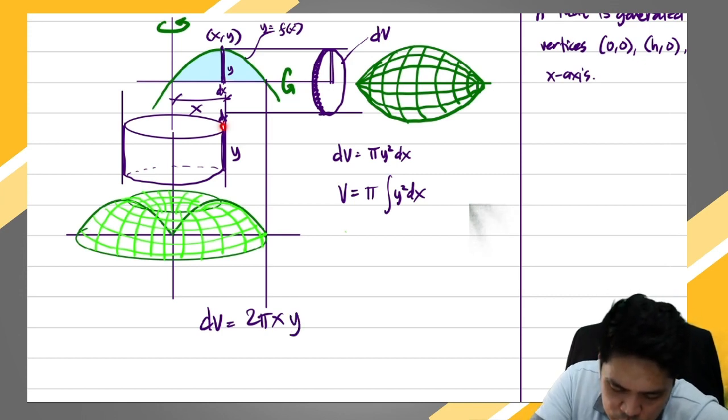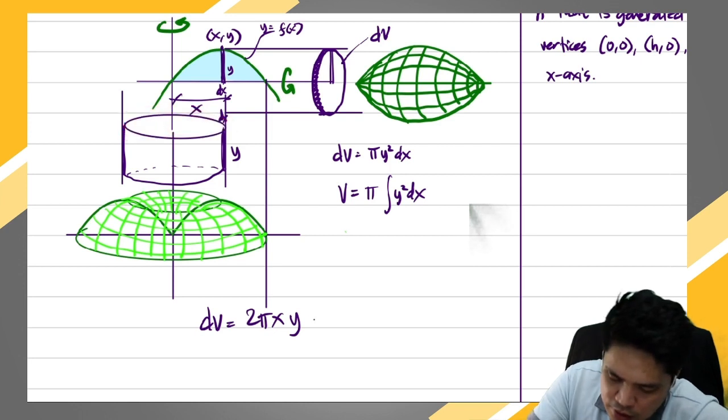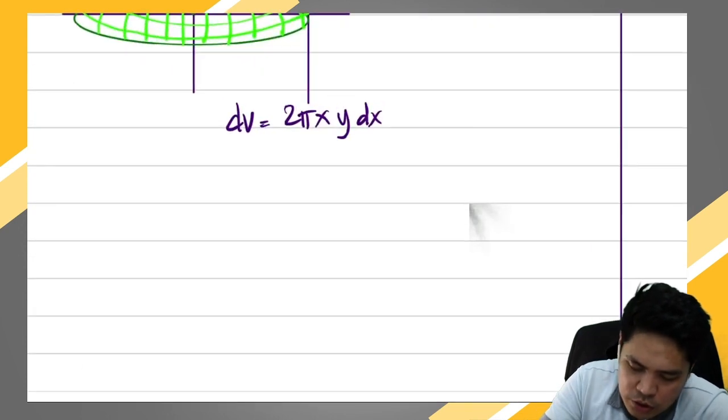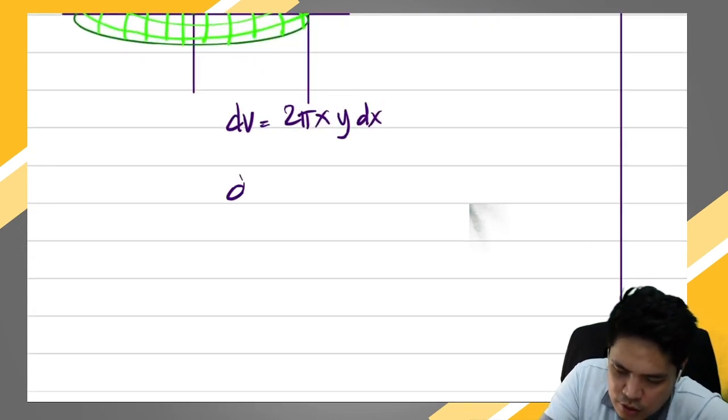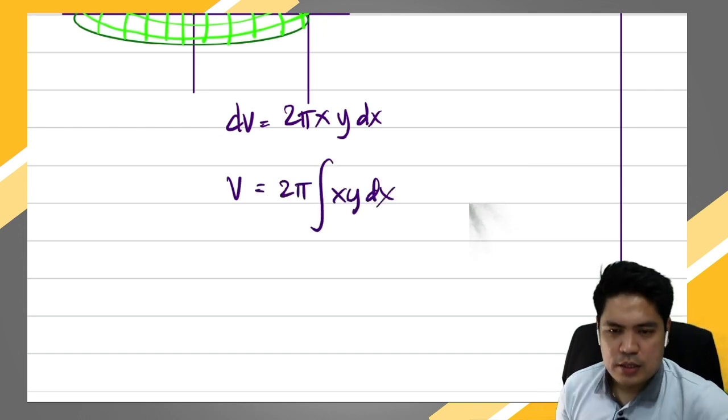Of course, we need to multiply by the thickness of this shell, and the thickness is dx. Then that would be our equation. So for the cylindrical shell, the volume is just equal to 2 pi times the integral of xy dx.